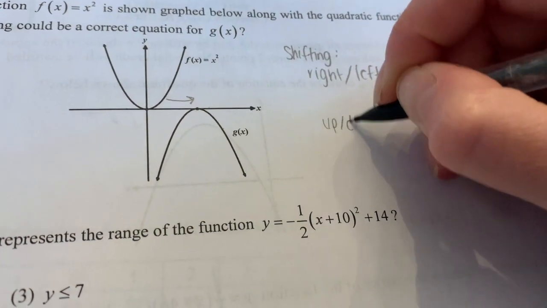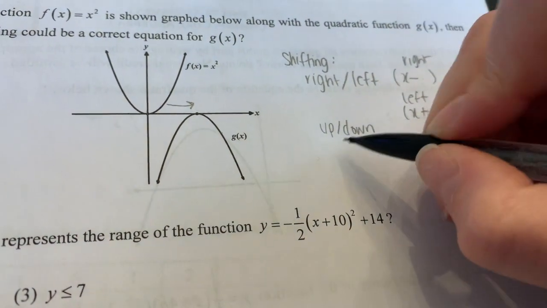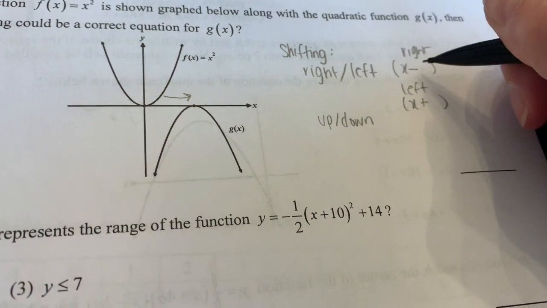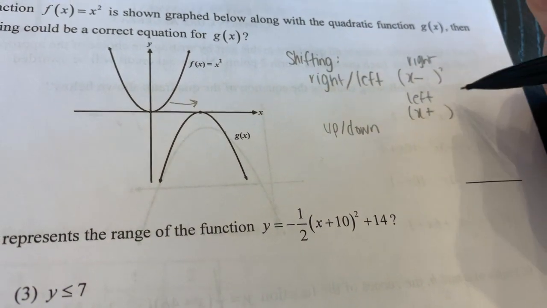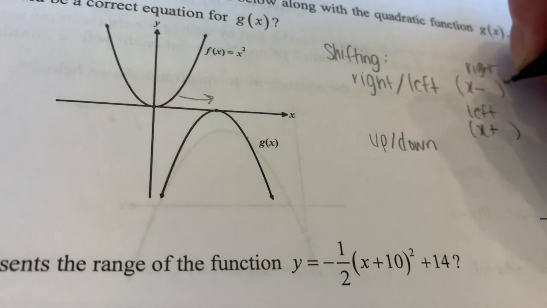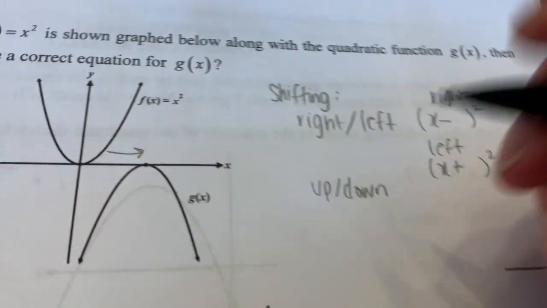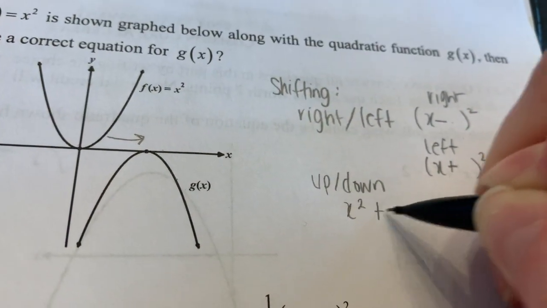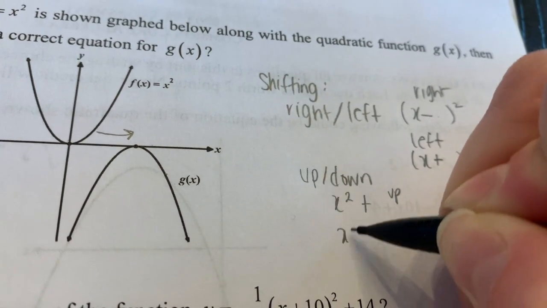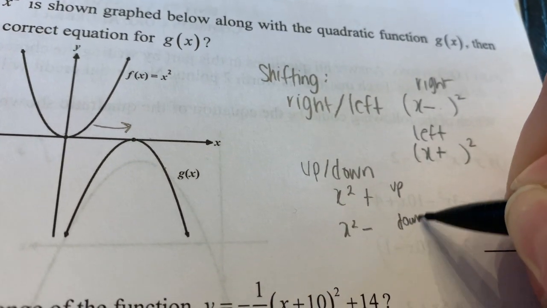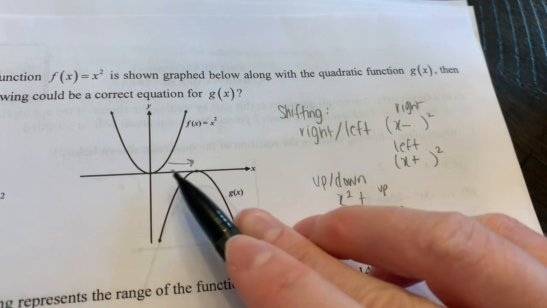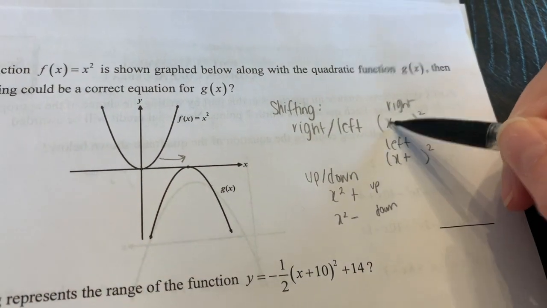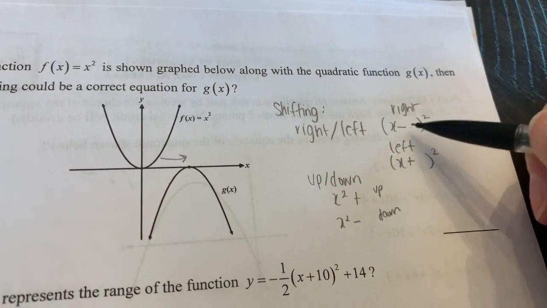Shifting up or down was outside parentheses. So of course, this would be squared. It would be something like x squared plus for up and x squared minus for down. So if this shifted to the right, then it's got to be inside of parentheses and it's got to be a minus.